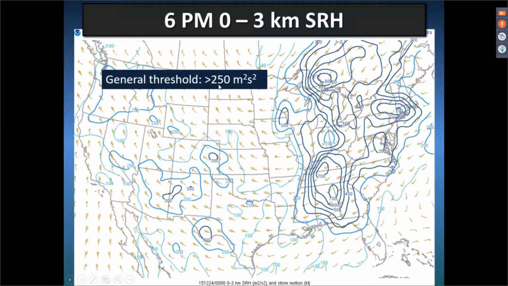That's almost triple what we typically look for as far as severe thunderstorm potential, roughly around 250. So we've got over triple that. That's definitely eye-opening. We've got a lot of wind shear in the atmosphere. That's very concerning for severe thunderstorm potential.